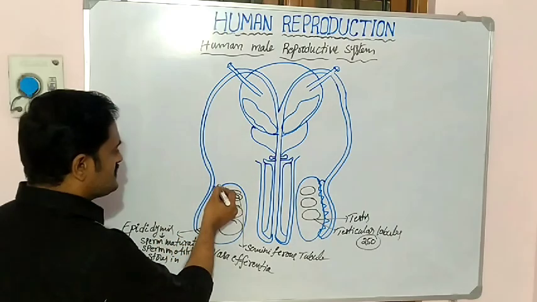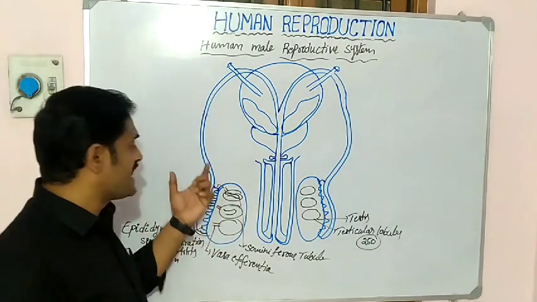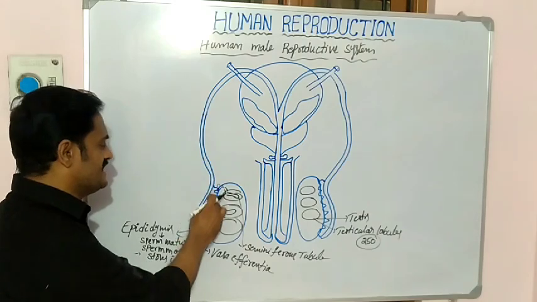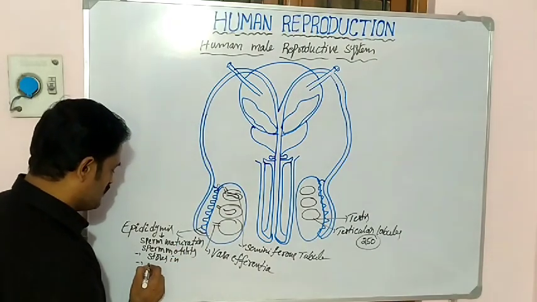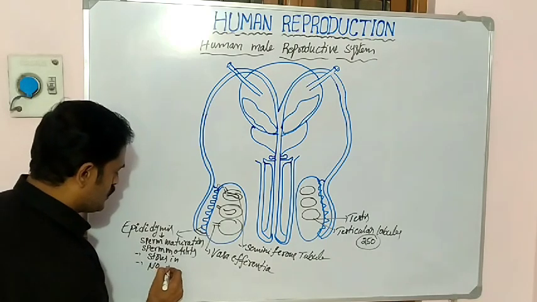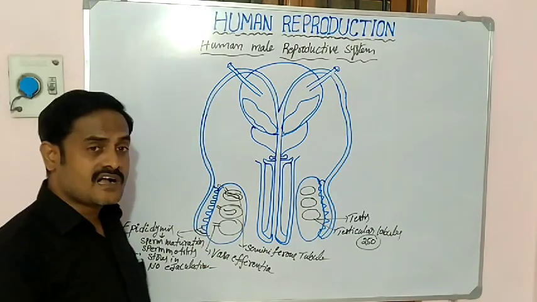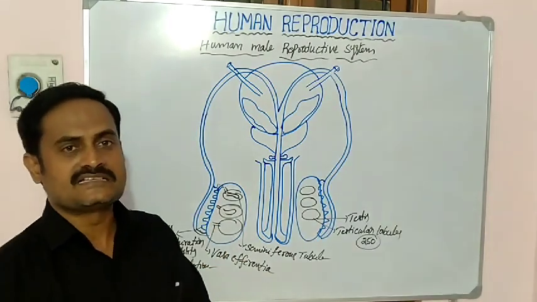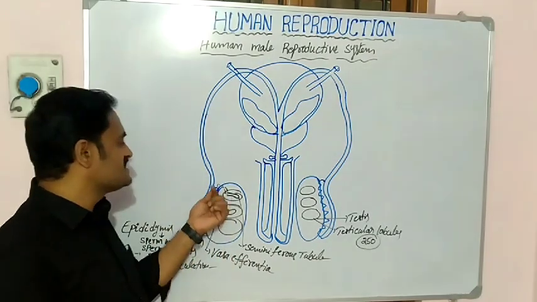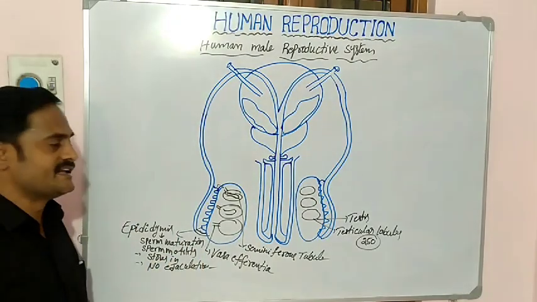Suppose the sperms are not ejaculated from the epididymis, they die there. If no ejaculation occurs, the sperm cells in the epididymis start to degenerate or die. So these are all functions of the epididymis.